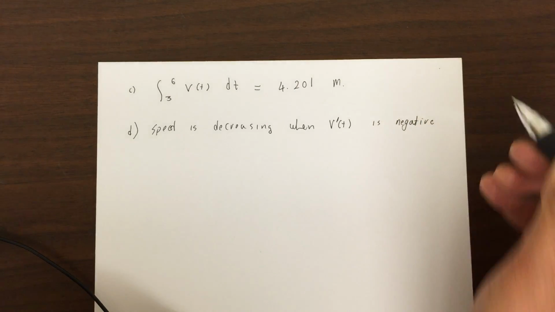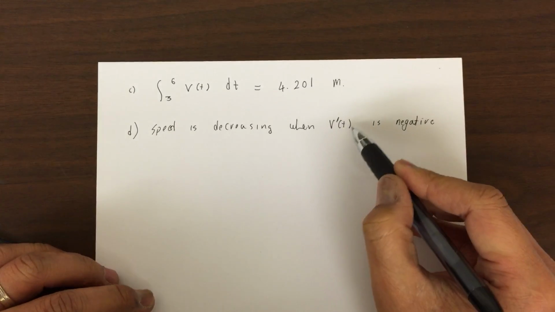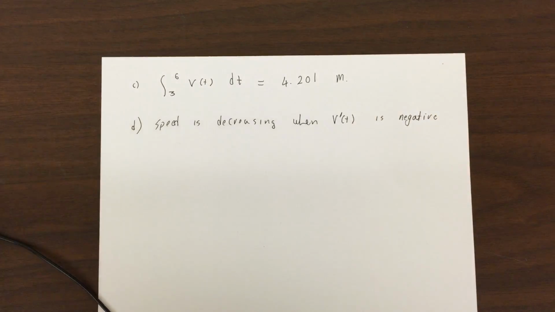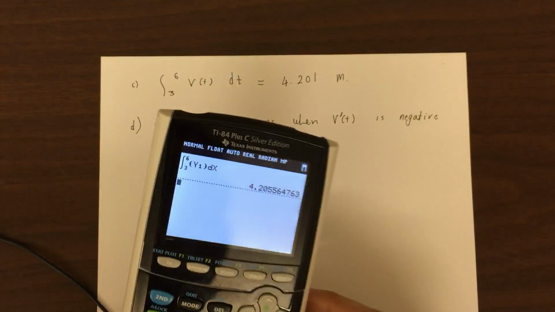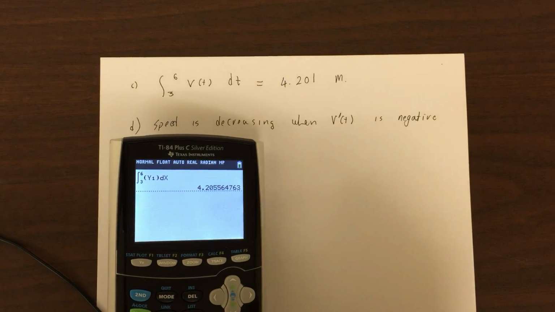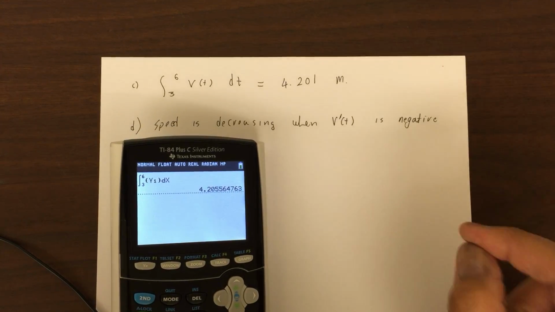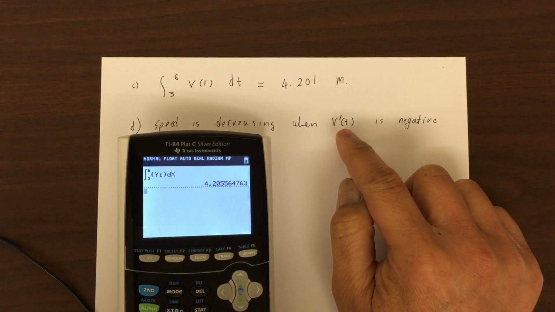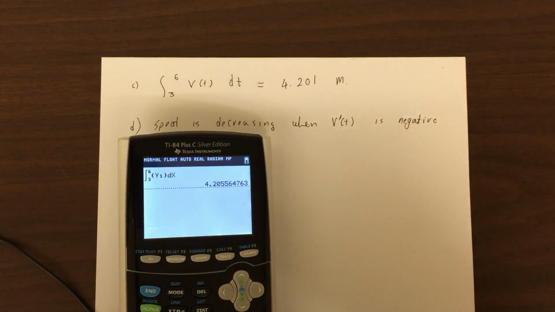So the speed is decreasing when acceleration is negative, which makes sense, right? So what we have to do is graph the derivative and see where it is negative, because when acceleration is negative, that means speed is decreasing.